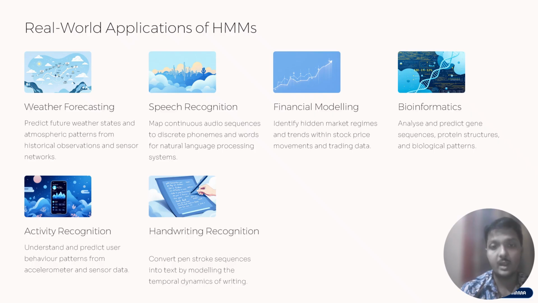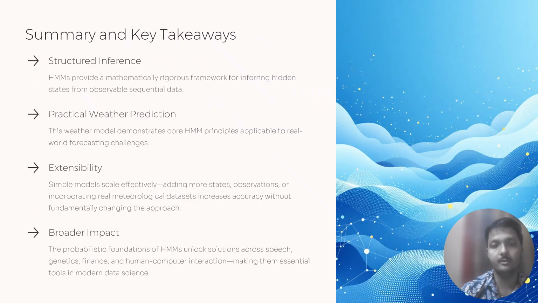Financial modeling: identify hidden market regimes and trends within stock price movement and trading data. Bioinformatics: analyze and predict gene sequences, protein structures, and biological patterns. Activity recognition: understand and predict user behavior patterns from accelerometer and sensor data. Handwriting recognition: convert pen stroke sequences into text by modeling the temporal dynamics of writing.